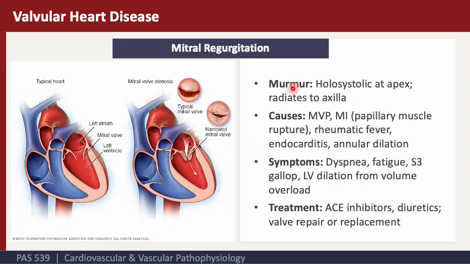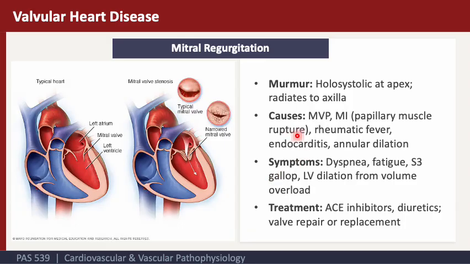And the last valvular disease we're going to talk about is mitral regurgitation. This is usually caused by mitral valve prolapse, an MI to the papillary muscles, like an MI will cause the papillary muscles to rupture, or an annular dilatation.